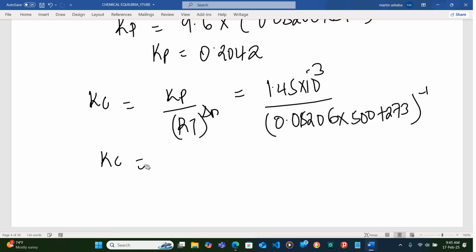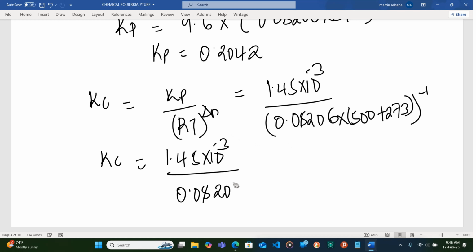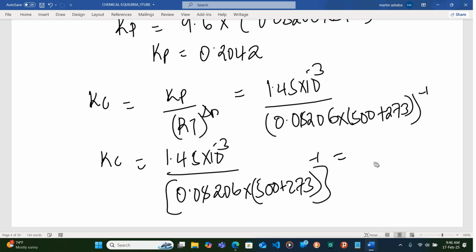So the Kc value is going to be 1.45 times 10 to the power negative 3 divided by, remember, you have a bracket here, 0.08206 times (500 plus 273), to the power negative 1. This is giving us 0.092. So that becomes our Kc value when the Kp value is 1.45 times 10 to the power negative 3 at a temperature of 500 degrees Celsius.